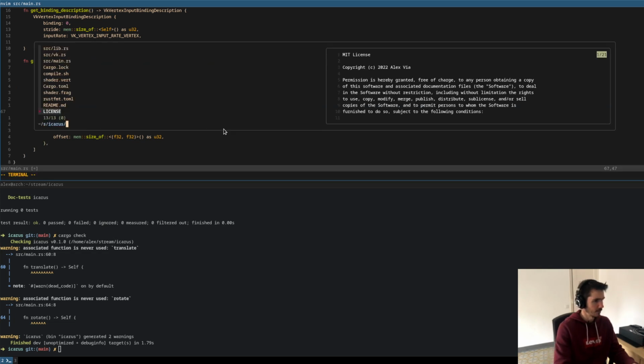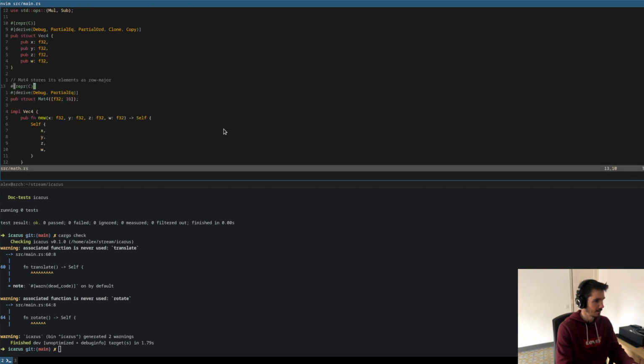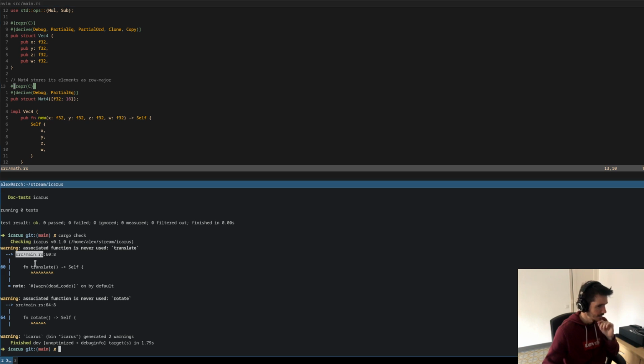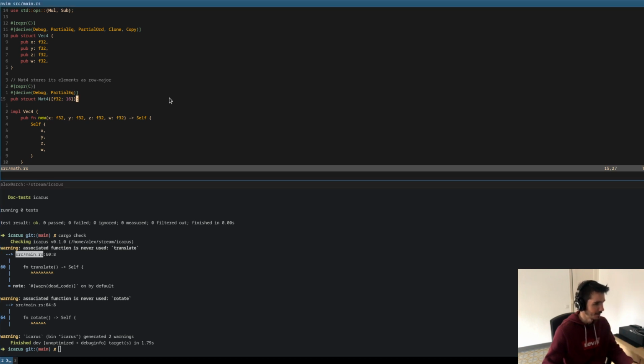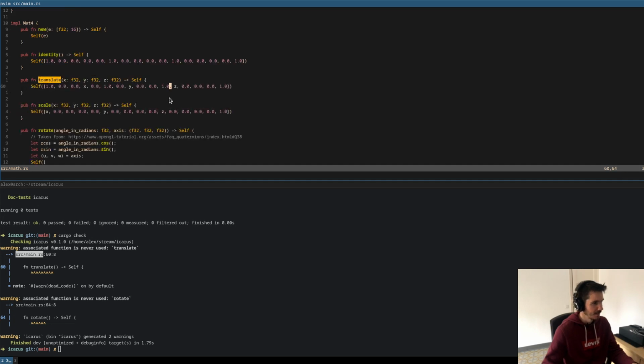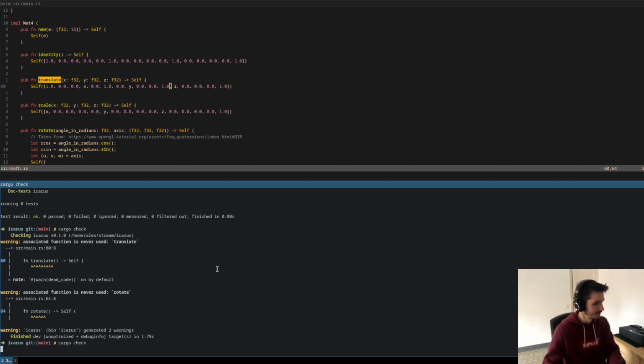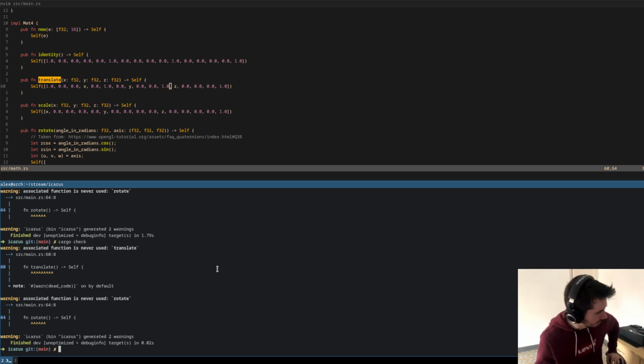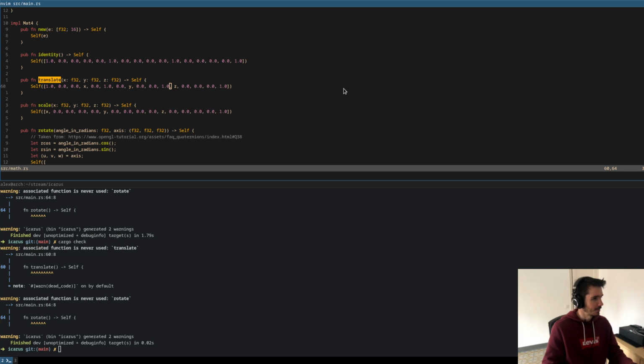So math. It is complaining on the main function, but translate is defined here, so it doesn't make a lot of sense.